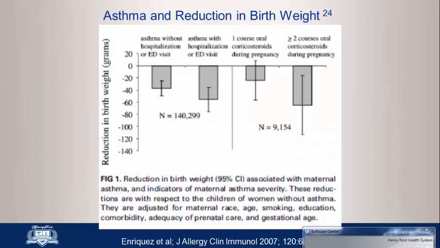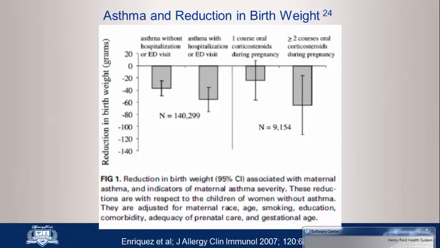So this study looked at about 200,000 patients giving birth, some of them with asthma and some without, and they compared them using a logistic regression model. Then they took the group of patients who had birth and did have asthma and compared those who presented to the ED or got hospitalized, those who got one course of steroids to those who got more than one course of steroids, and they looked at the effect on birth weight.